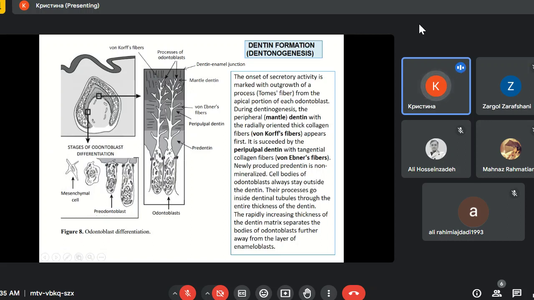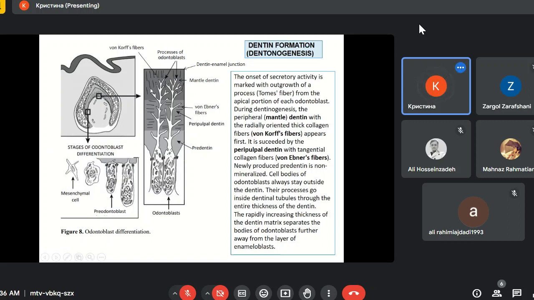In this area, the collagen fibers go radially. These lines indicate the direction of the fibers in this area. These fibers, which are radially oriented, radially means like this, from the dentin-enamel junction to the surface of the future tooth, are called von Korff's fibers.